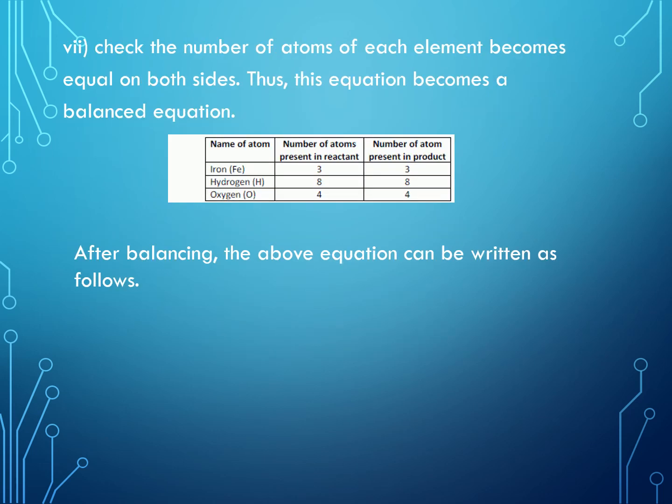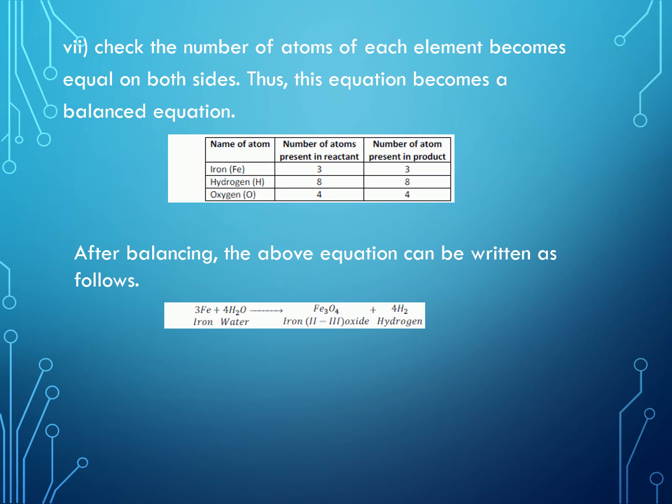Again, we will update our previous table and check the number of atoms of each element on either side. We will find that they are both equal. Iron is 3 on the left hand side as well as 3 on the right hand side. Hydrogen has become 8 on both sides. And similarly, oxygen is 4 on each side.